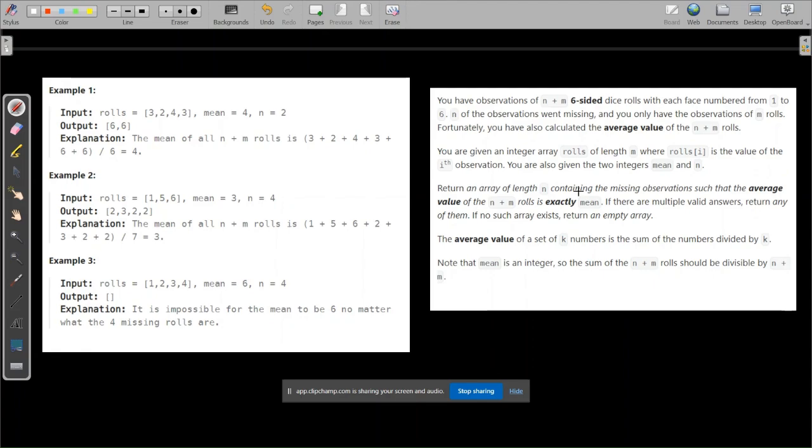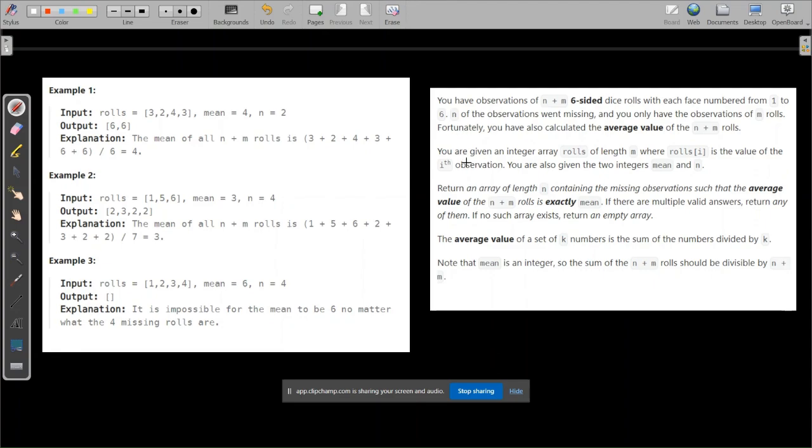So I have m plus n such dice having numbers 1 to 6. n of the observations were missing, and you only have observations of m rolls. Unfortunately, you have to calculate the average value of the m plus n rolls.